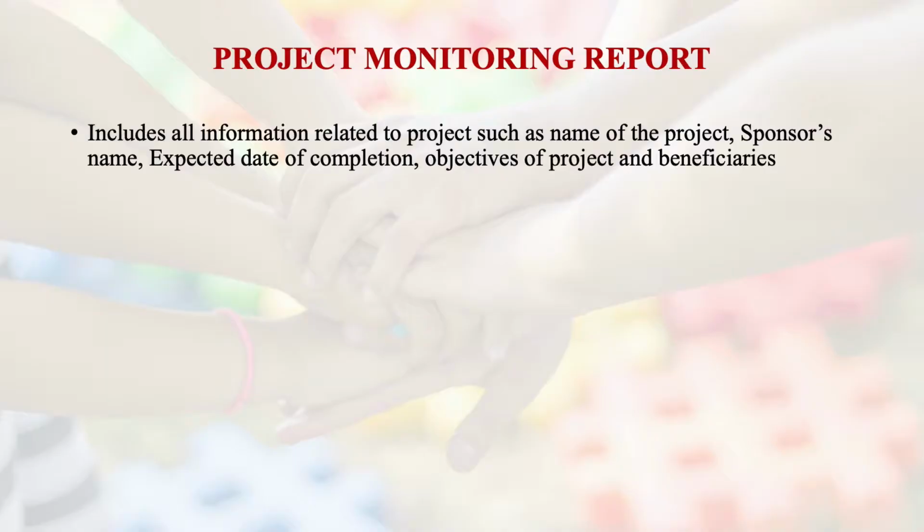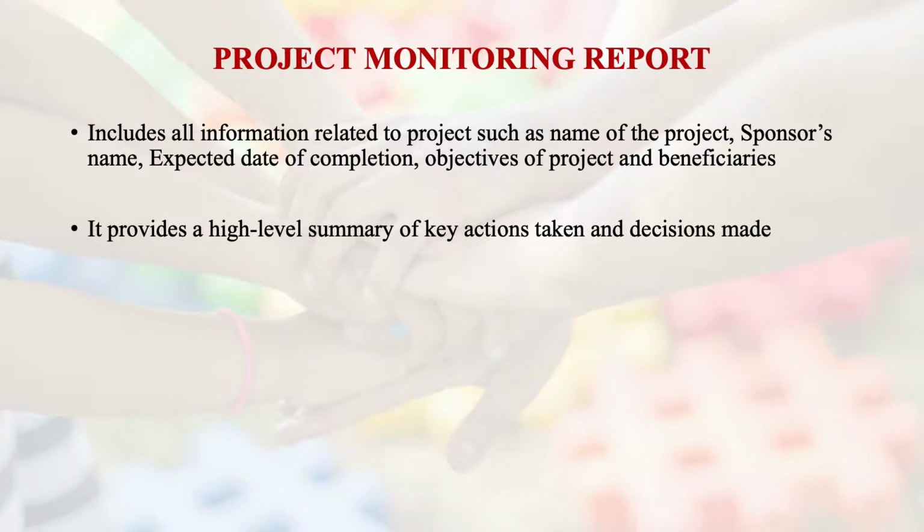Now, a project monitoring report also includes all the information related to the project, such as the name of the project, the sponsor's name, expected date of completion, objectives of the project, and beneficiaries. All this is very important because for NGOs it is based on funding, so whosoever has funded a particular project needs to know where the money has gone and how it has been spent, whether it has been spent properly or not.